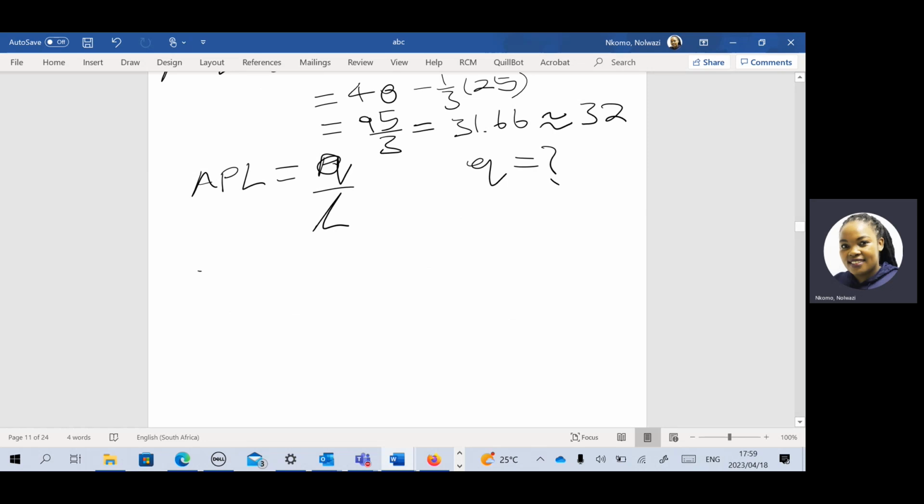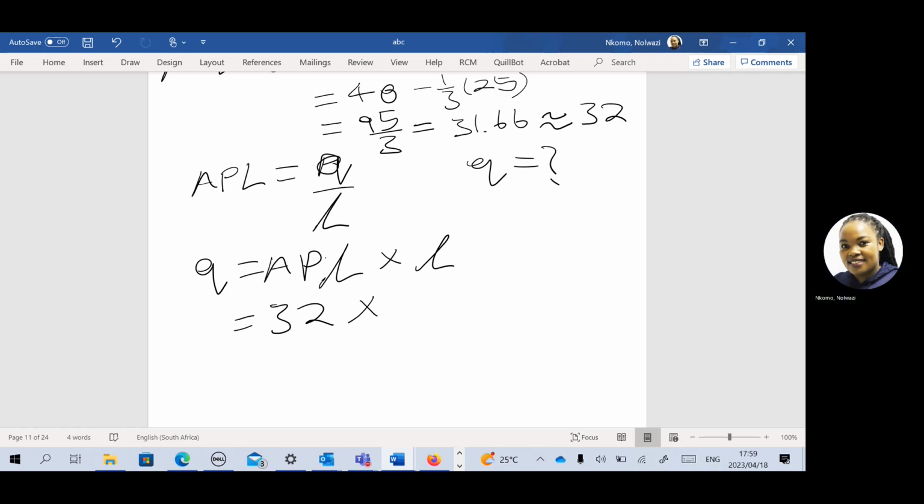So this means we have Q equals average production of labor times labor. We know that average production of labor is 32, and we have 5 workers, so we have 32 times 5. That will give us 160. So this means the total daily output of 5 workers is 160 units.